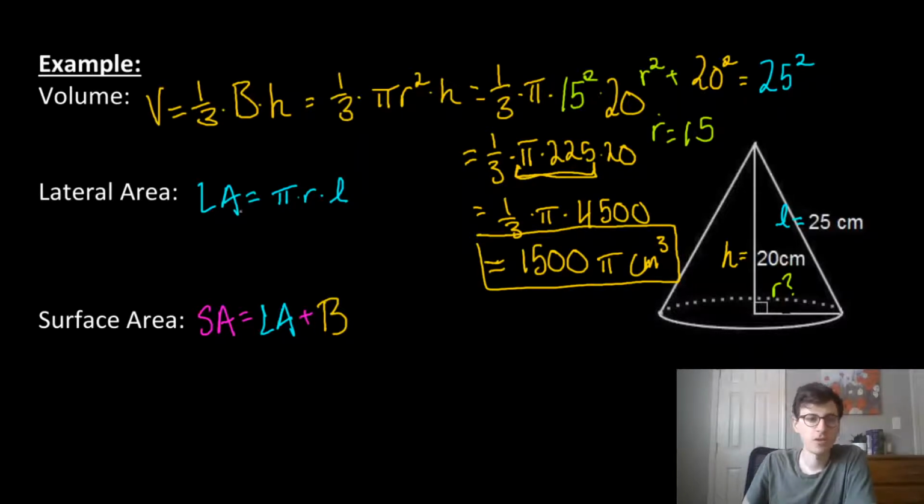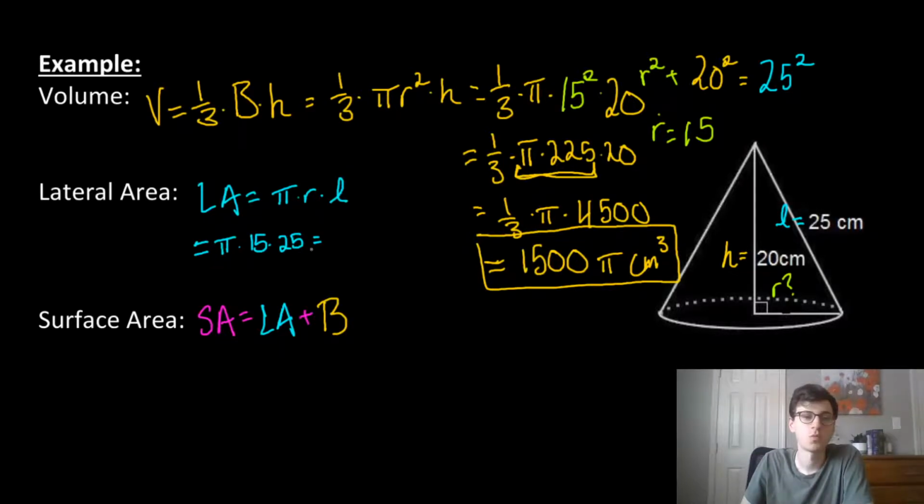Okay, the lateral area. The lateral area is pi r l. So that's pi times the radius, which is 15, times the slant height, which is 25. I like to think about this as 25 times 5.